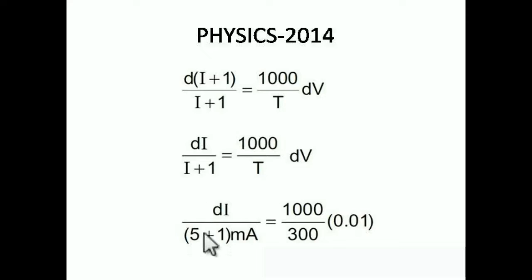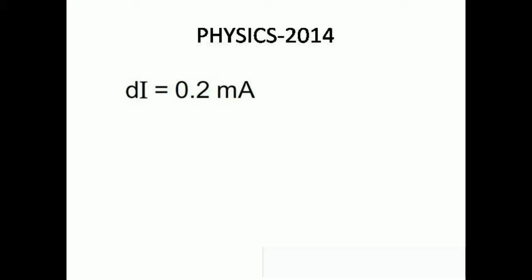I is 5, so I plus 1 is 6 milliampere, 1000, T is 300 Kelvin, and dV, the error in voltage, is 0.01. I just have to multiply by this 6 here, and I get the answer: dI is 0.2 milliampere. Okay friends, this is a very simple question, and almost one question of this type on error comes in JEE.